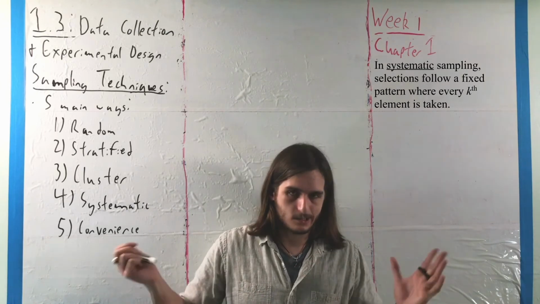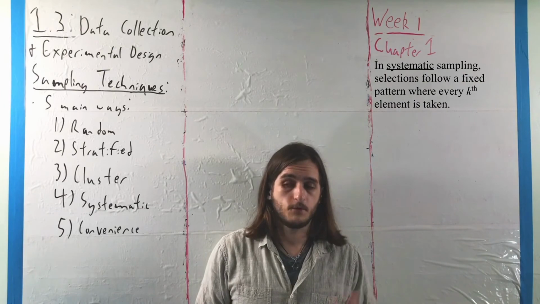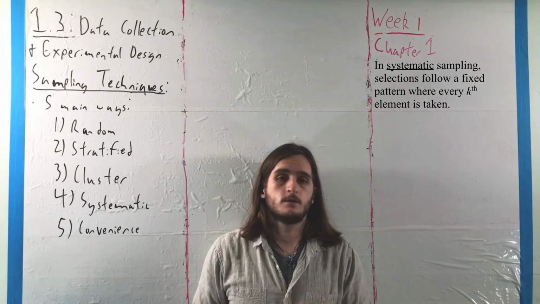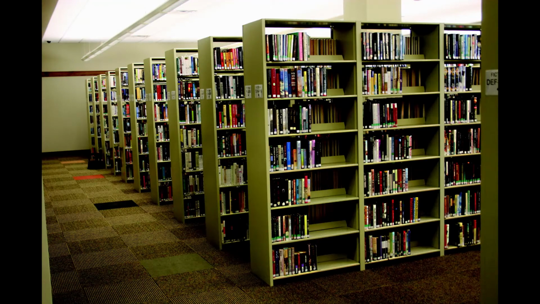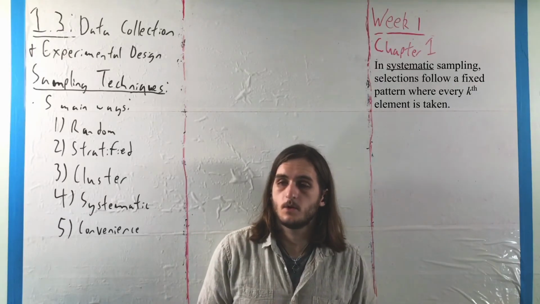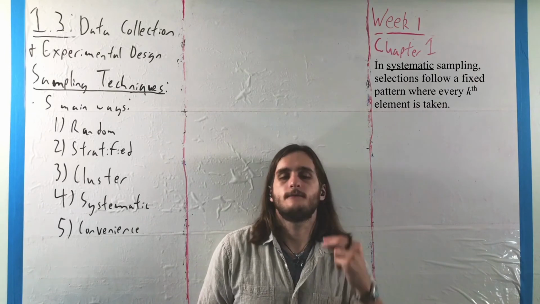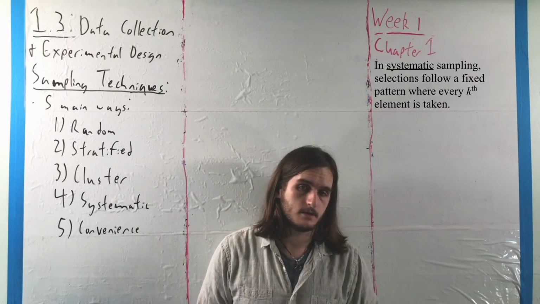Every kth is the general term that sometimes is used for this. So, for example, you could go to your local library and look on the shelf and take every 10th and 35th book from every shelf, and that could be your sample, where you are drawing based on a fixed repeated pattern. That is systematic sampling.